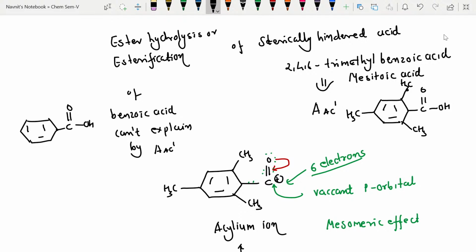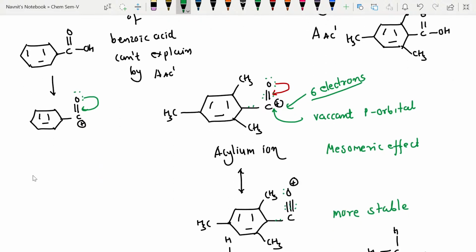Now this benzoic acid, when it undergoes esterification, leads to the formation of acylium ion. So this acylium ion is only stabilized by the mesomeric effect, as I said earlier. But this benzoic acid does not contain methyl groups, so hyperconjugated structures are not possible in case of benzoic acid.